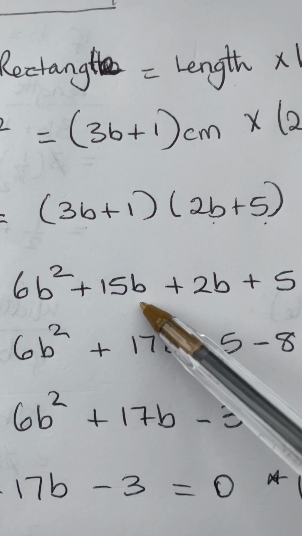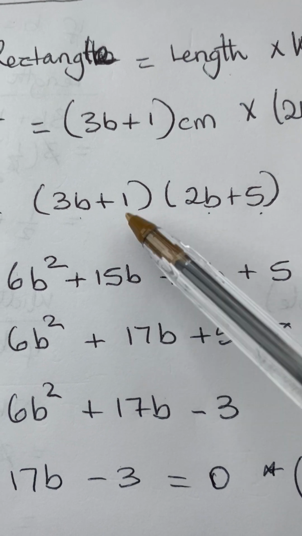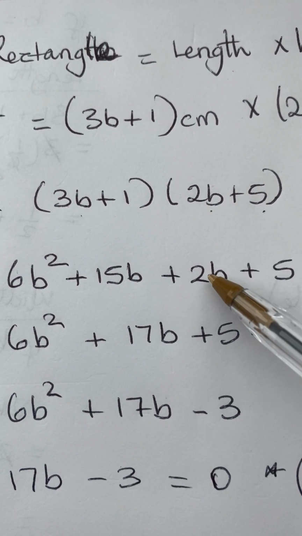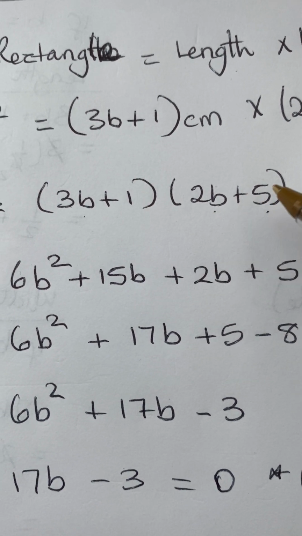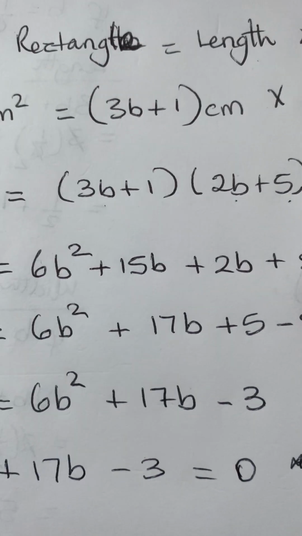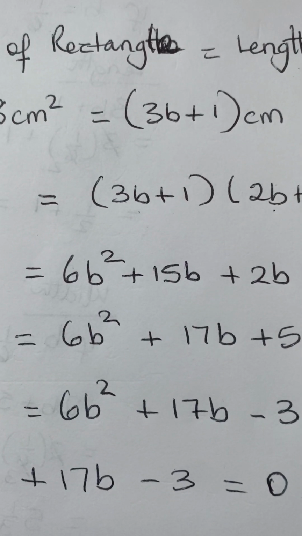If you do it step by step, you cannot go wrong. 1 times 2b will be 2b. 1 times 5 will be 5. So now all this equals 8.